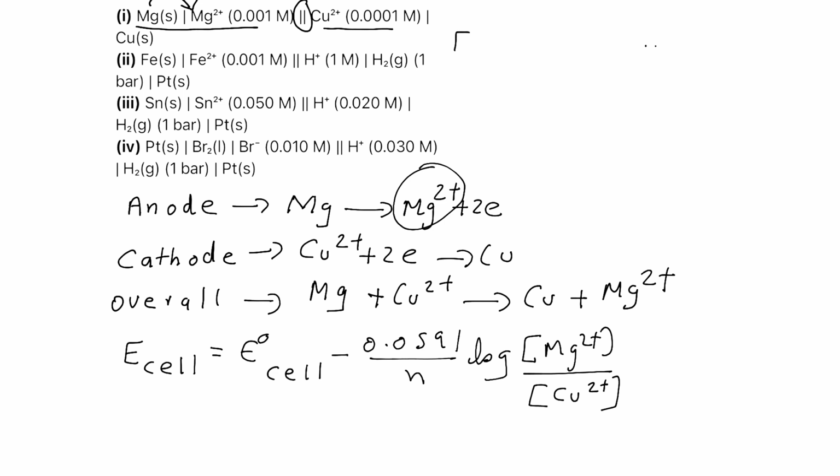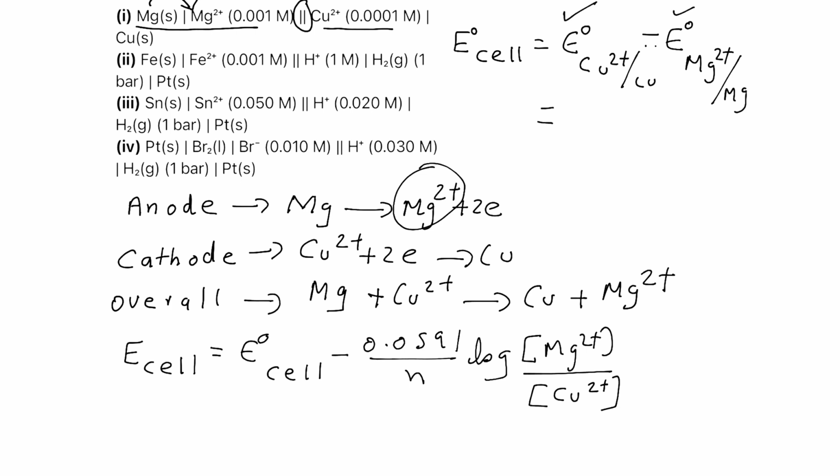First, we have to find E0 cell, right? E0 cell is equal to E0 cathode. What is cathode here? Cathode is copper, right? Cu2+/Cu minus E0 anode. What is anode here? Mg2+/Mg. Now the standard reduction potentials of copper and magnesium you have to find from the table given in the textbook. For copper it is 0.337, sorry, it is 0.34.